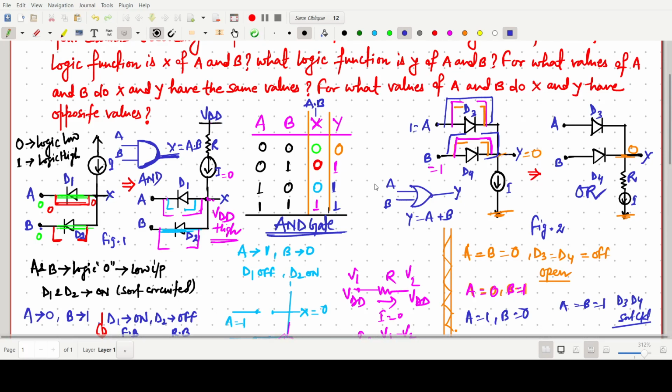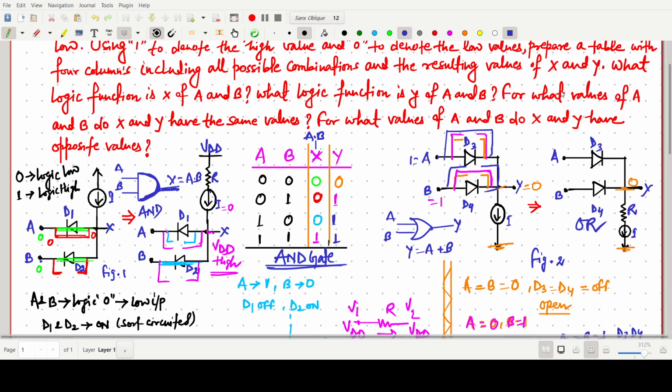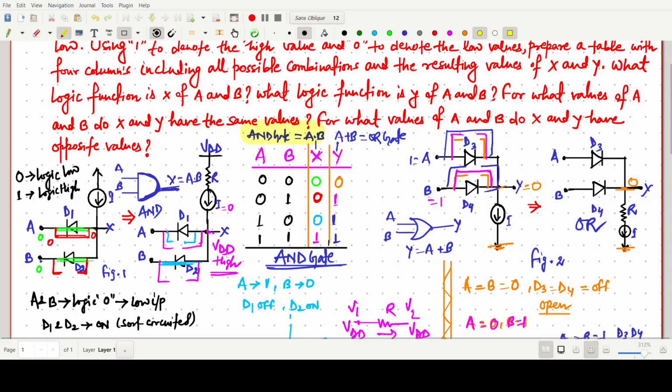In the question they are asking what logic function is X. So X is our A dot B. Y is our A plus B, which means this one is an OR gate, and this one is our AND gate. I am just highlighting. X is our AND gate, and this Y is our OR gate.